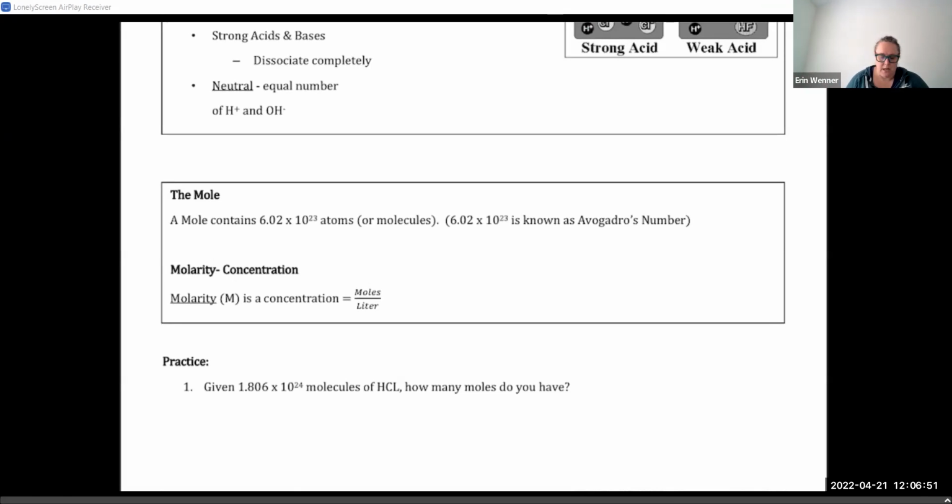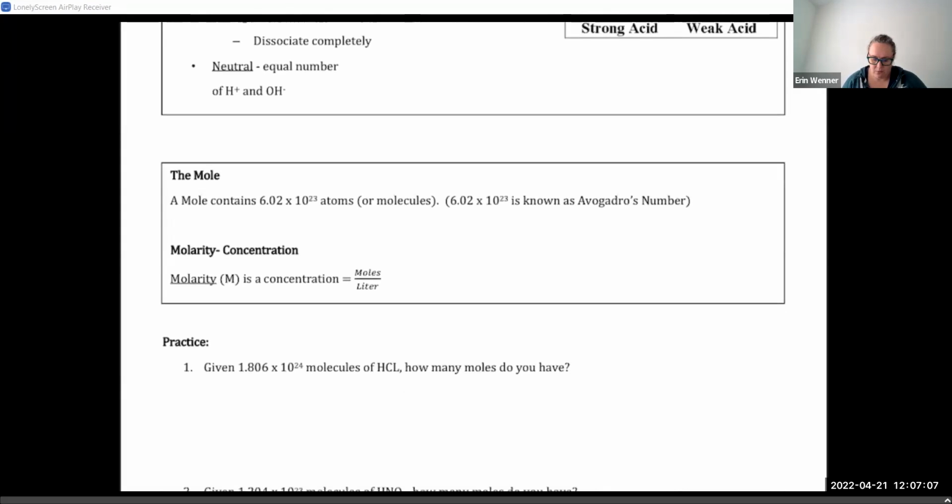Less popular. And then the molarity, or concentration, which is measured in M, is we take the number of moles and we divide by the number of liters in a solution. So number one says given 1.806 times 10 to the 24th molecules of HCl, how many moles do you have?